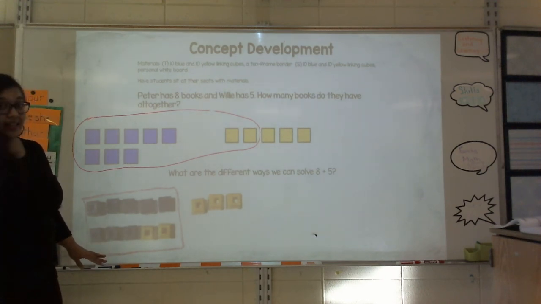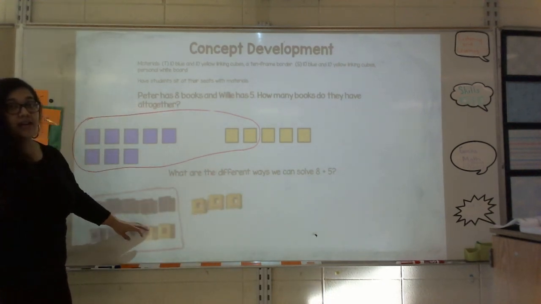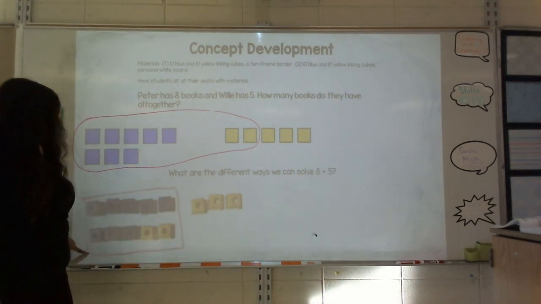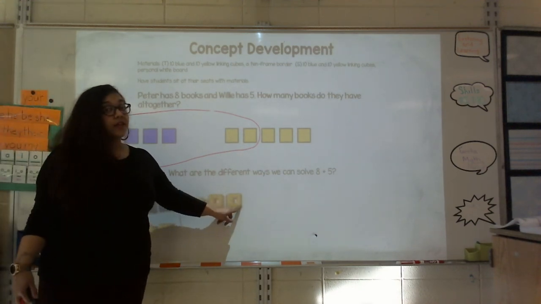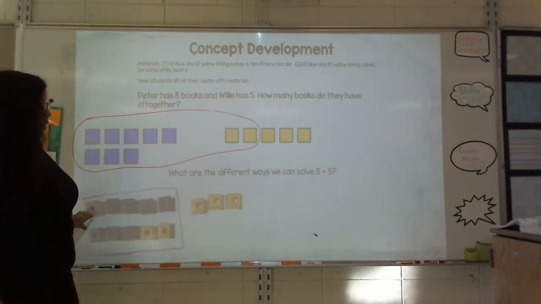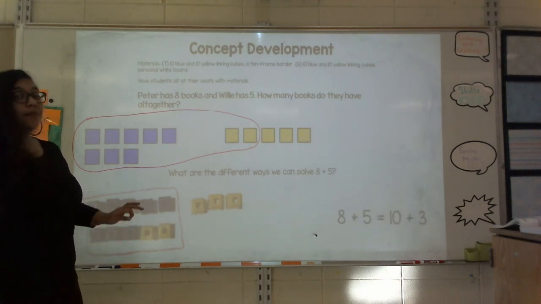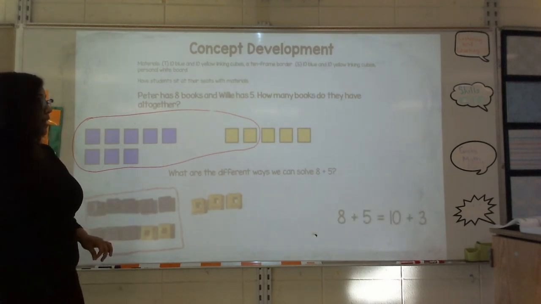I just moved the pieces to generate a number sentence that has a group of 10, because 10, 11, 12, 13 is easier to put into my brain. So that means that 8 plus 5 is equal to 10 plus 3.